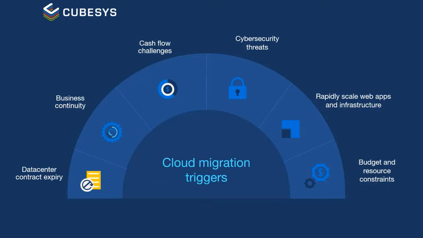So this might be about reducing your threat landscape, your threat area, into a more consolidated approach. Or it might even be as simple as your data center's contract coming up for expiry and you're starting to see that the cost of maintaining your data center is becoming too cumbersome and too big, and cloud may be an option for you in that space.